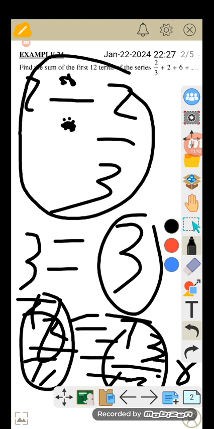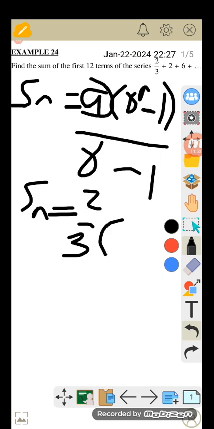This part is R and this part is also R. So my R, my common ratio, it is 3. So where I see R, I'm going to put 3.